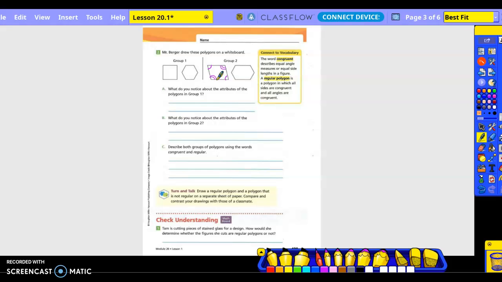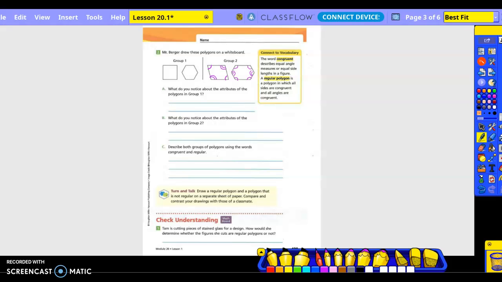What about over here? These are probably congruent, right? And then these probably are not, because the ones with one mark are what angles? Obtuse angles, and the other ones are what? Acute, okay? Describe both groups of polygons using the words congruent and regular.